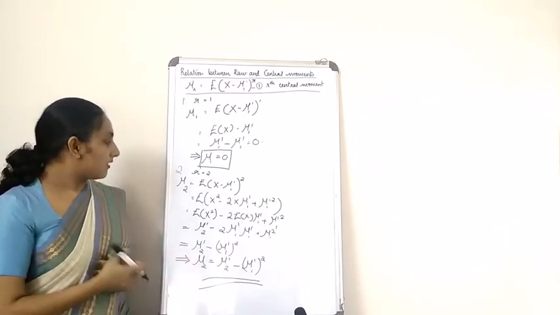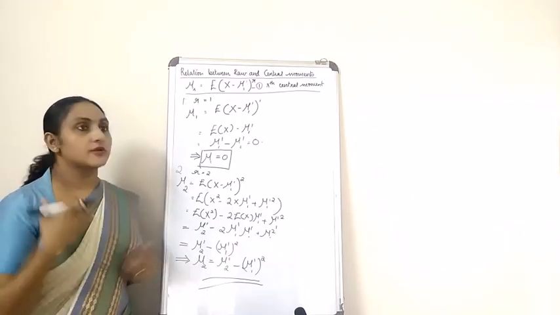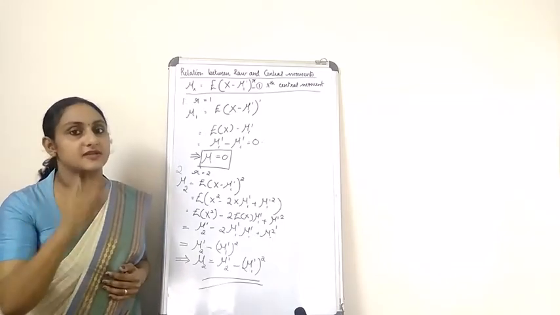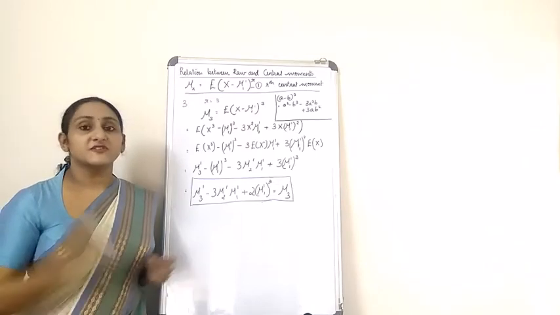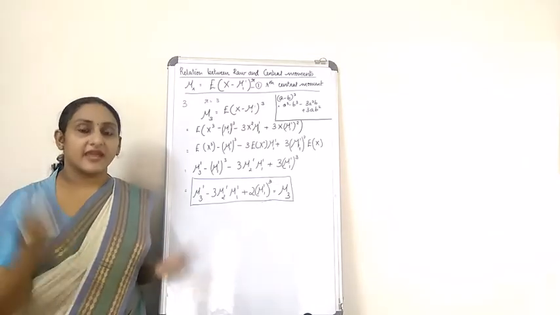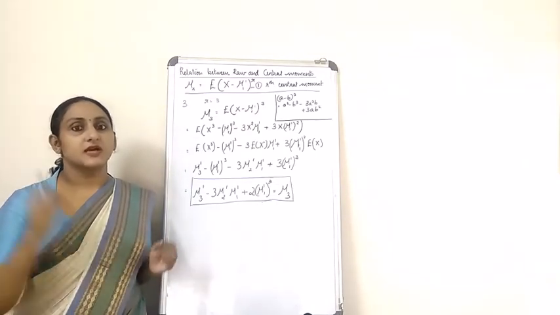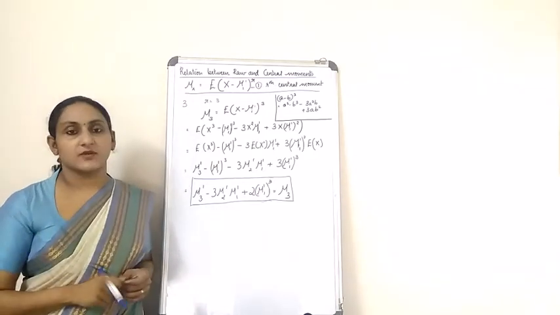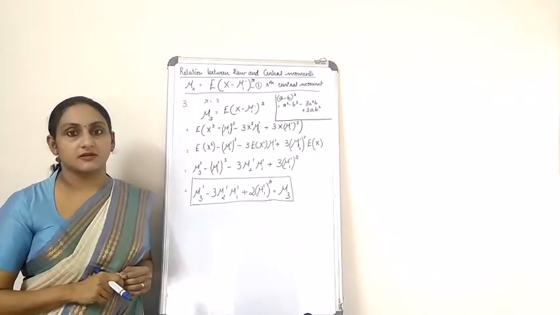Right now we are going to derive mu3, the third central moment. Again we put 3 in place of r in the first equation that we have written before.